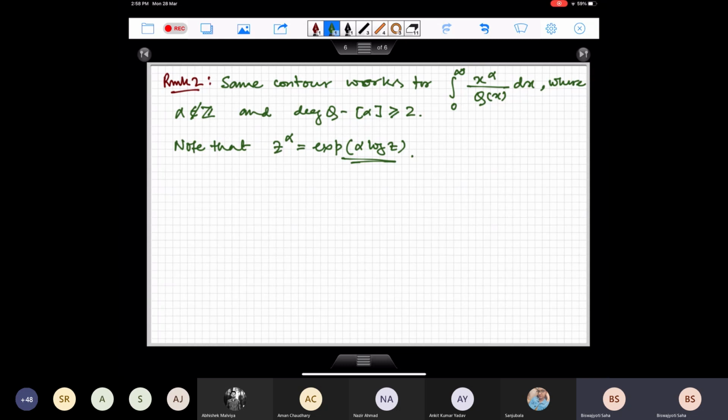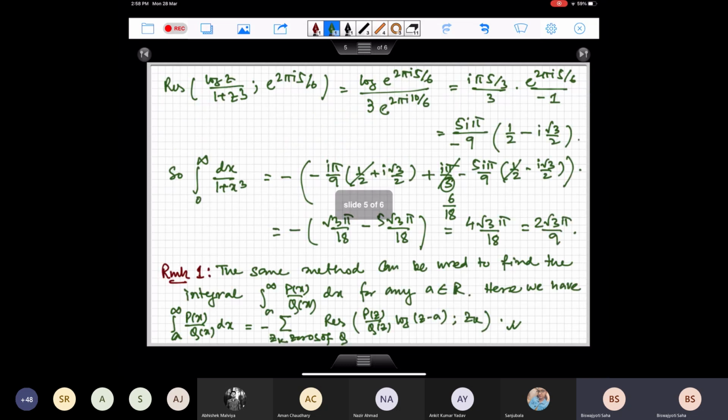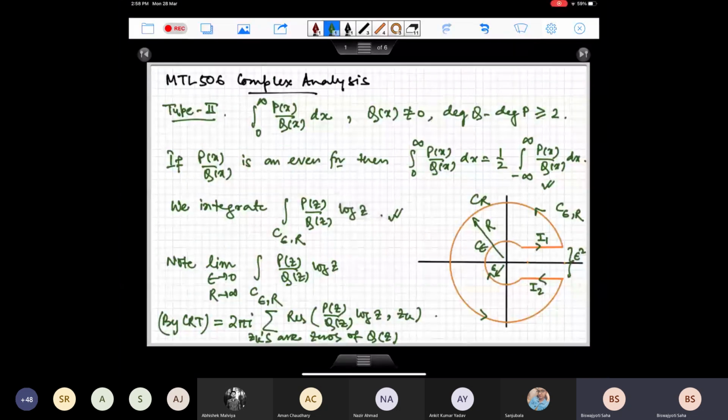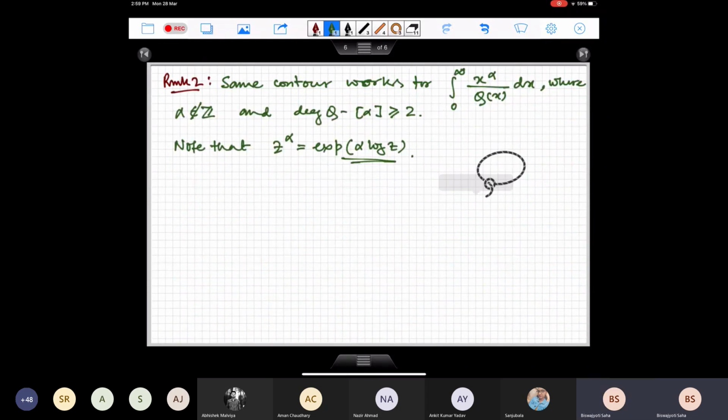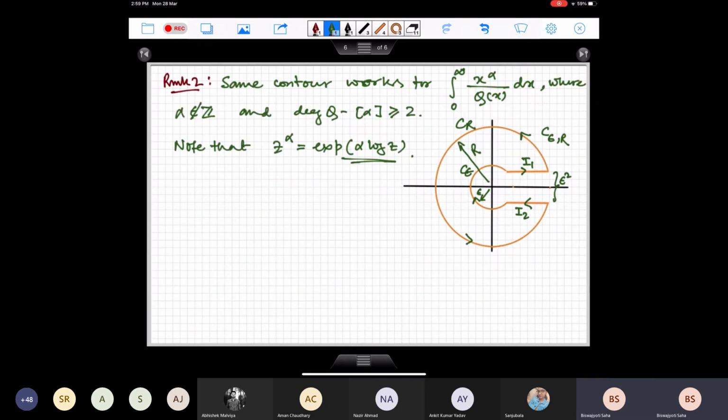The contour is exactly as before. So let's go back to the contour and see it once. Let me just copy it here. So I have the same contour. Here, of course, you can notice that the growth of q is as usual. Now, if you think of the growth of z to the power alpha, you take z to the power alpha in absolute value.